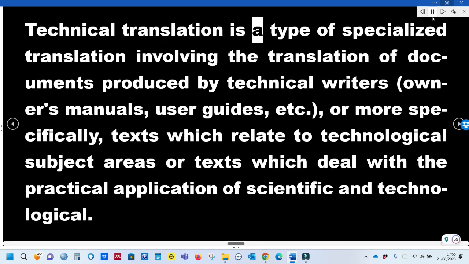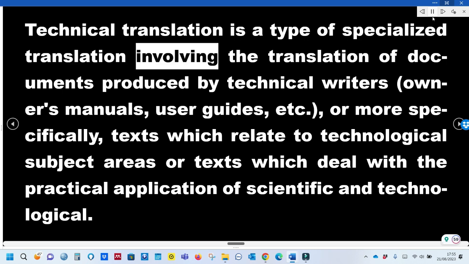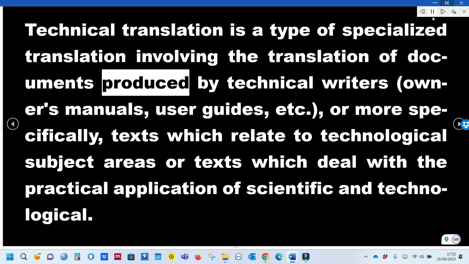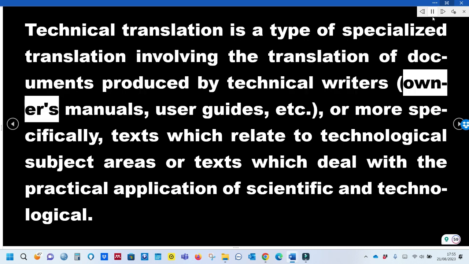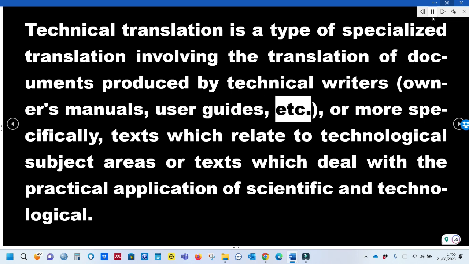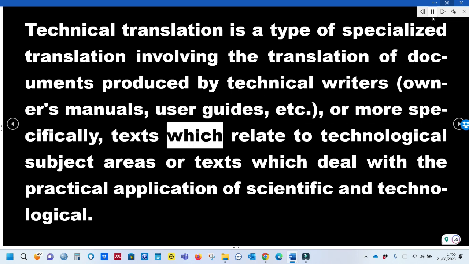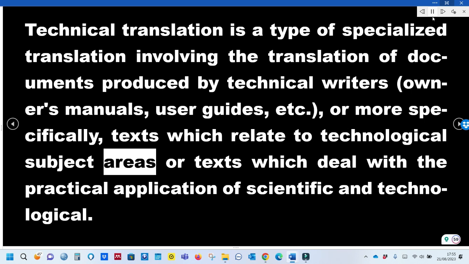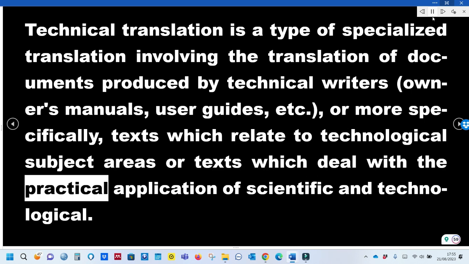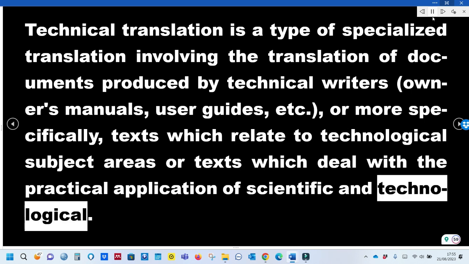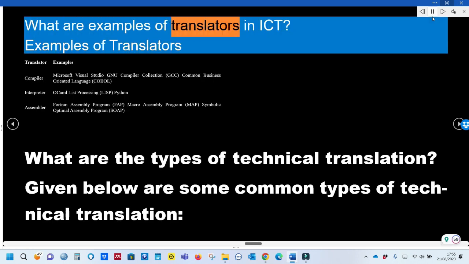Technical translation is a type of specialized translation involving the translation of documents produced by technical writers, owner's manuals, user guides, etc., or more specifically, texts which relate to technological subject areas or texts which deal with the practical application of scientific and technological information.